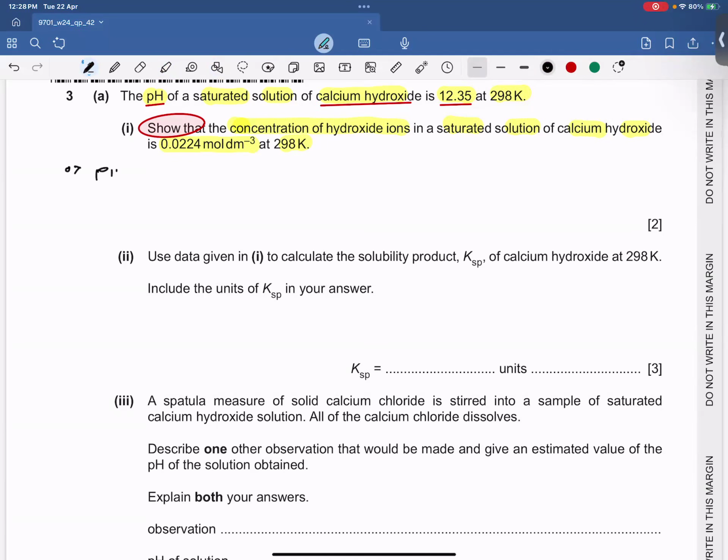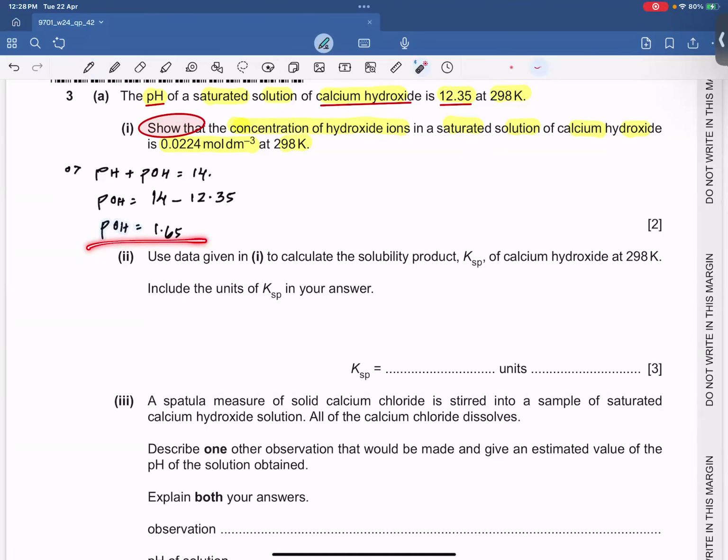So working is easy. pH plus pOH equals 14. First, we need to find out the value of pOH, and for that I'm going to subtract 12.35 from 14. So pOH is going to be 14 minus 12.35, that's 1.65.